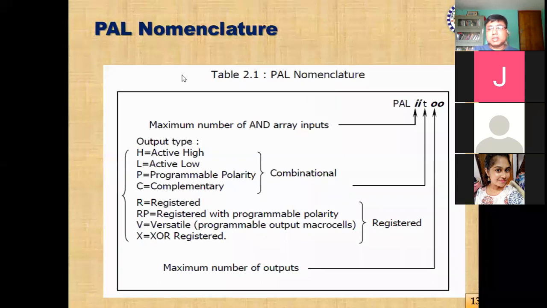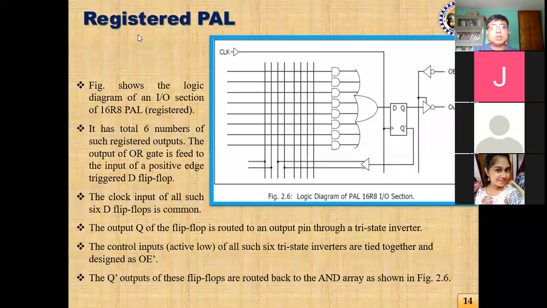Okay, so next I'm going to discuss the registered PAL. You see PAL 16L8, the structure we have seen in one of the previous slides. Now we are going to see the registered PAL.